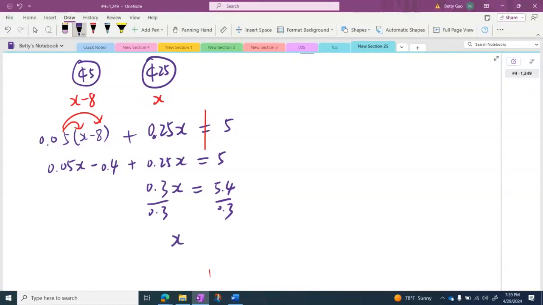Divided by 0.3, x equals 18. 18 quarters, 10 nickels. 5 cents is 1 nickel, so 10 nickels is 50 cents, half a dollar. And 18 divided by 4 is $4.50. That's 50 cents. Okay, finally.